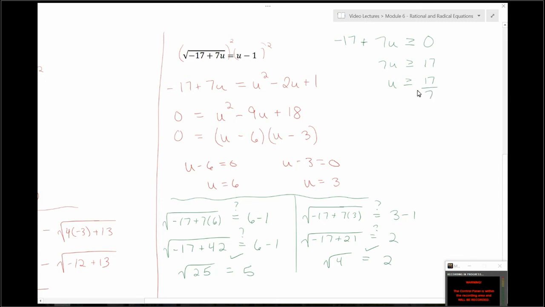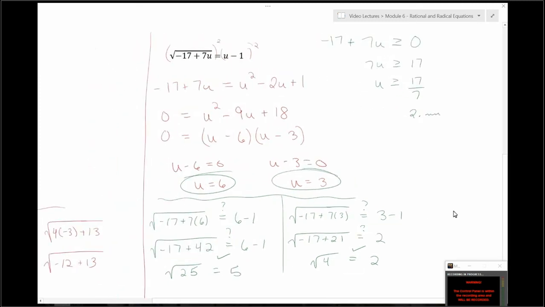And so this is saying u is greater than or equal to 2 point something. And that's why both 3 and 6 work. They're both in the domain for this equation.